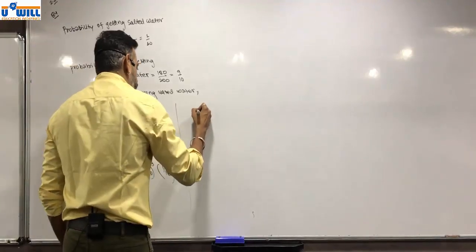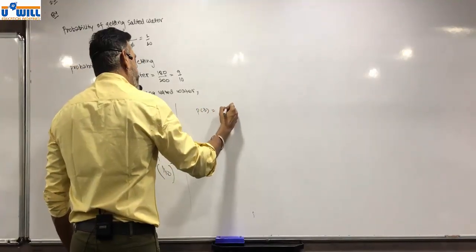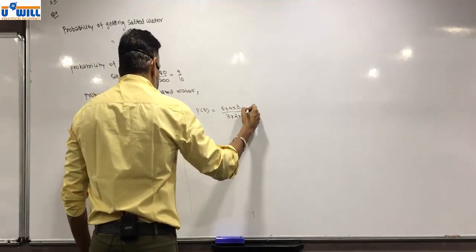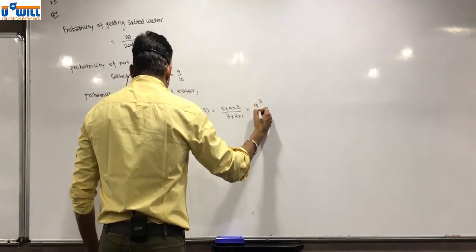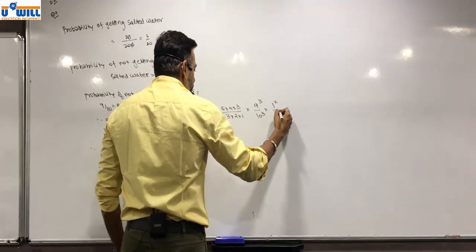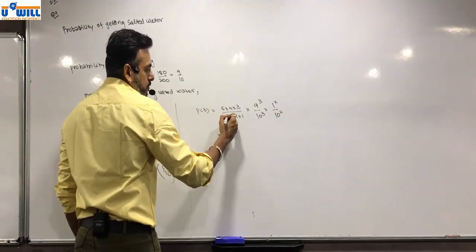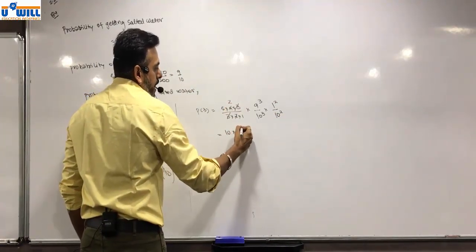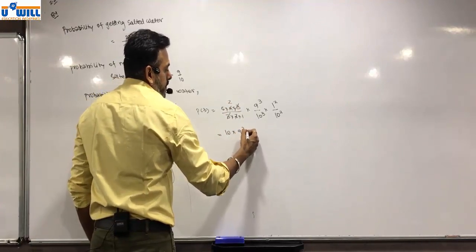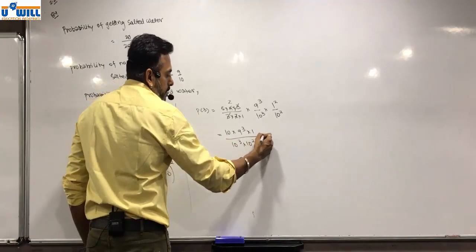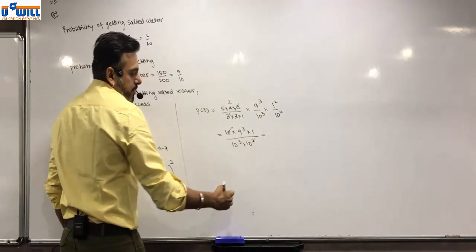Which is equal to 5 into 4 into 3 upon 3 into 2 into 1, into 9 cube upon 10 cube, into 1 square upon 10 square, which is equal to 10 into 9 cube into 1 upon 10 cube into 10 square. Now the 10 cancels.